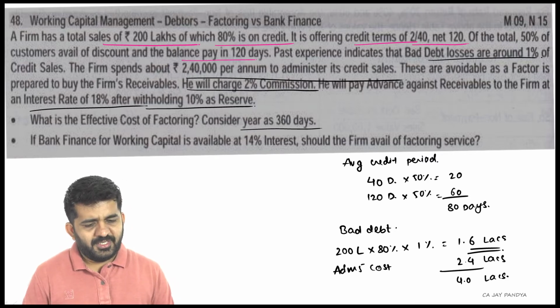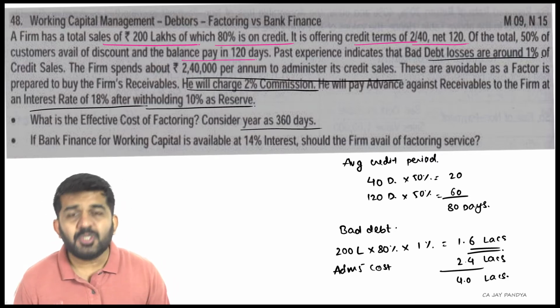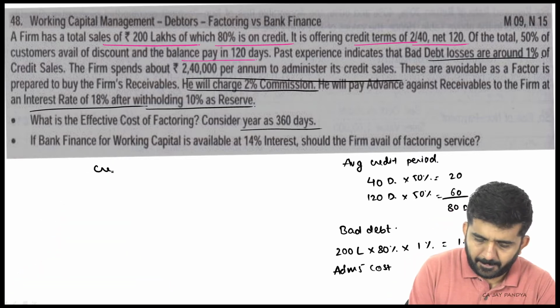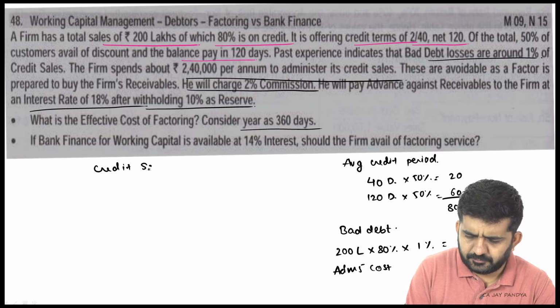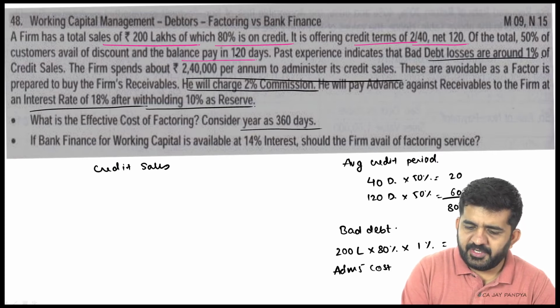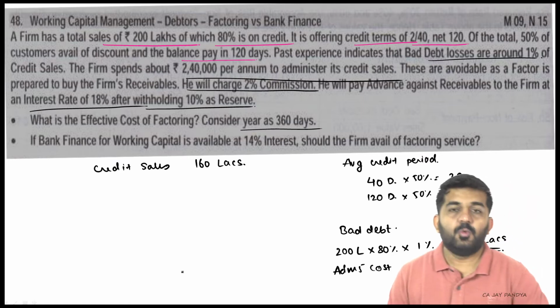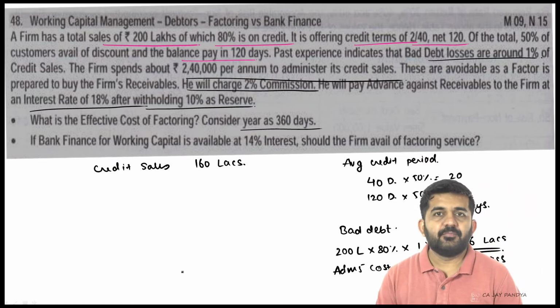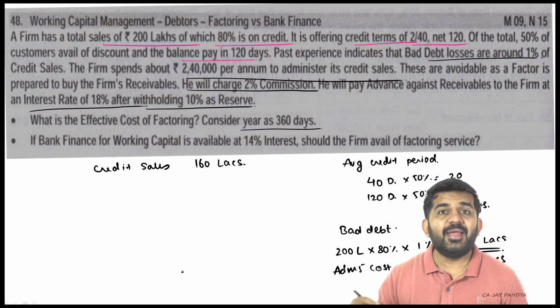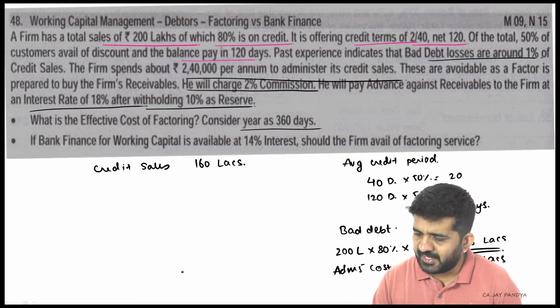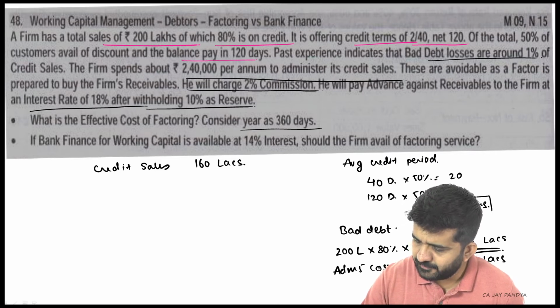So let us first start. What are the credit sales? 200 into 80% is nothing but 160 lakhs. That's it. Alright. How much will be the amount of average debtors, for what time period? 80 days.